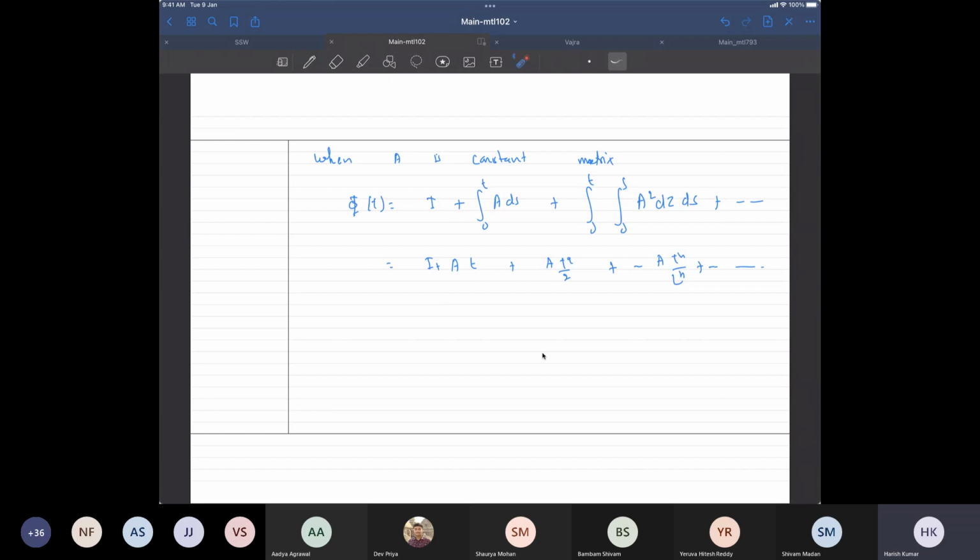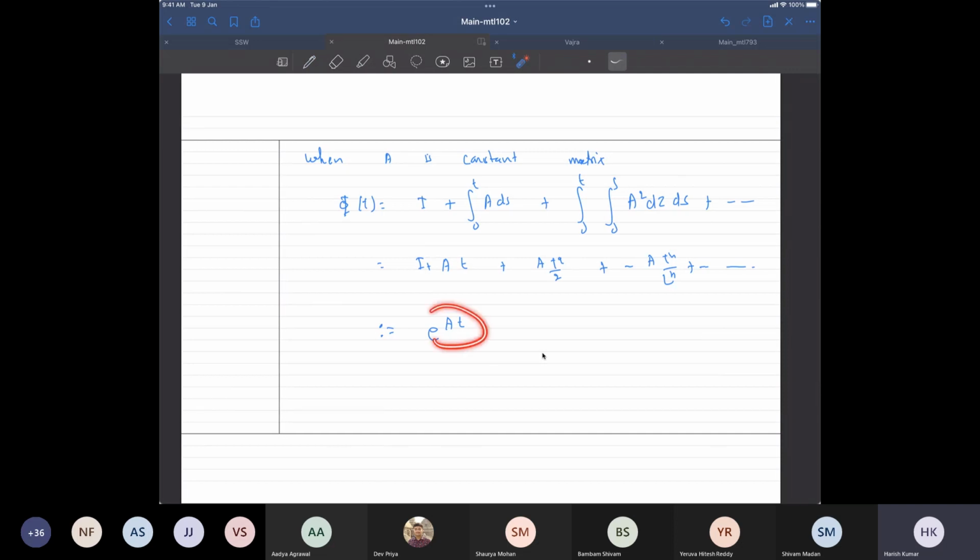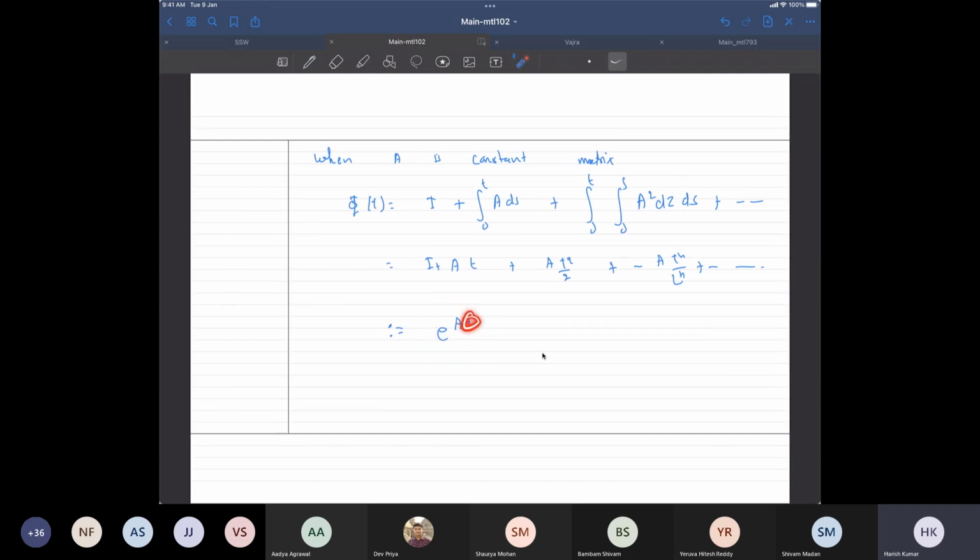Now this matrix is called the exponential matrix. So you know that this is a matrix, and this matrix we define to be the exponential of the matrix At. t is a scalar, A is a matrix, so this is a matrix, and I'm defining the exponential function of a matrix like this.